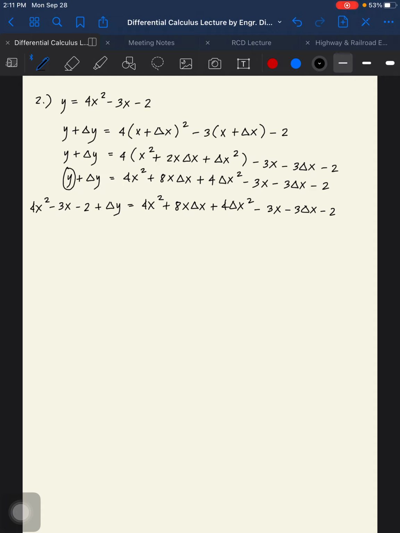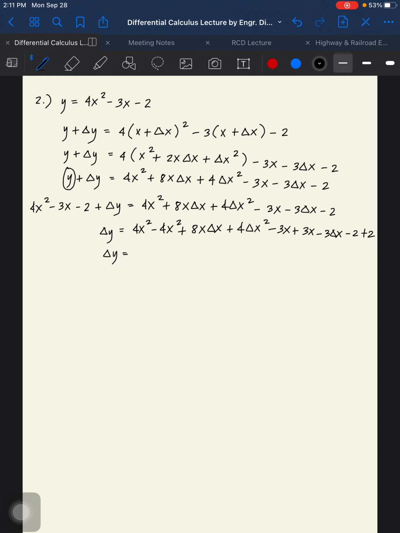Then, we combine like terms. As stated a while ago, you need to have delta y remain on the left side of the equation. You have therefore x squared minus 4x squared plus 8x delta x plus 4 delta x squared minus 3x plus 3x minus 3 delta x minus 2 plus 2 almost.